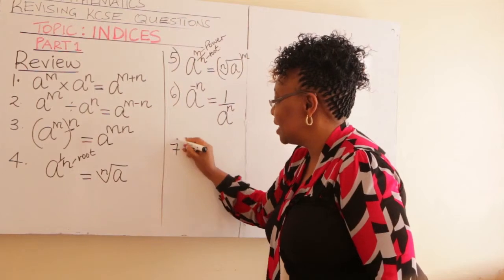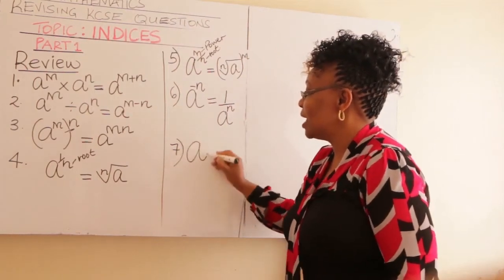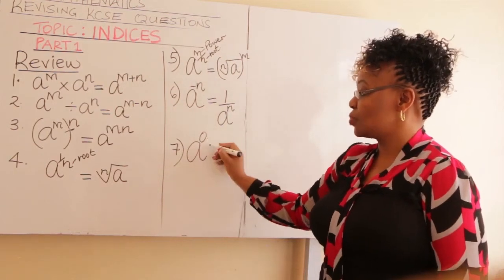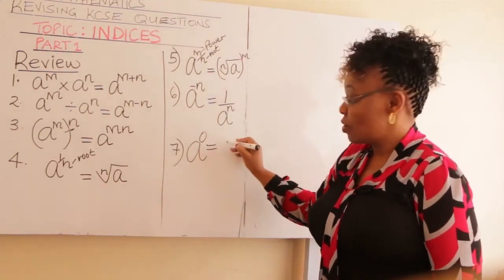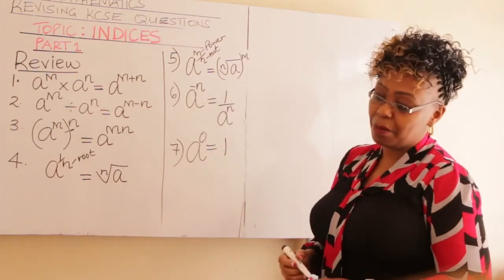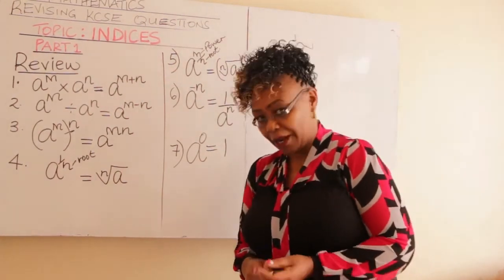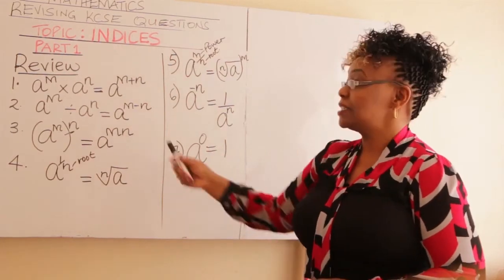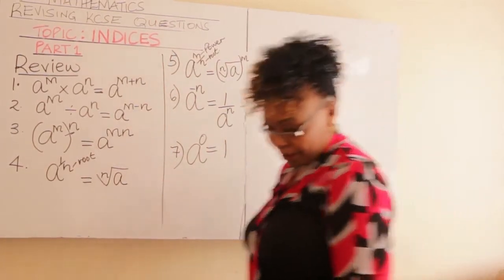And finally, if you have a raised to 0, any number raised to 0 is 1. And therefore, learner, with that, let us go to KCSE problems and handle them.